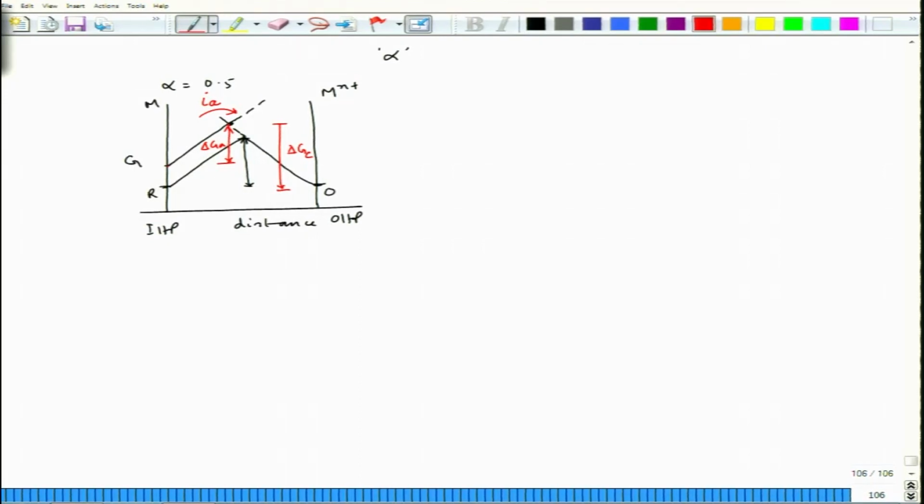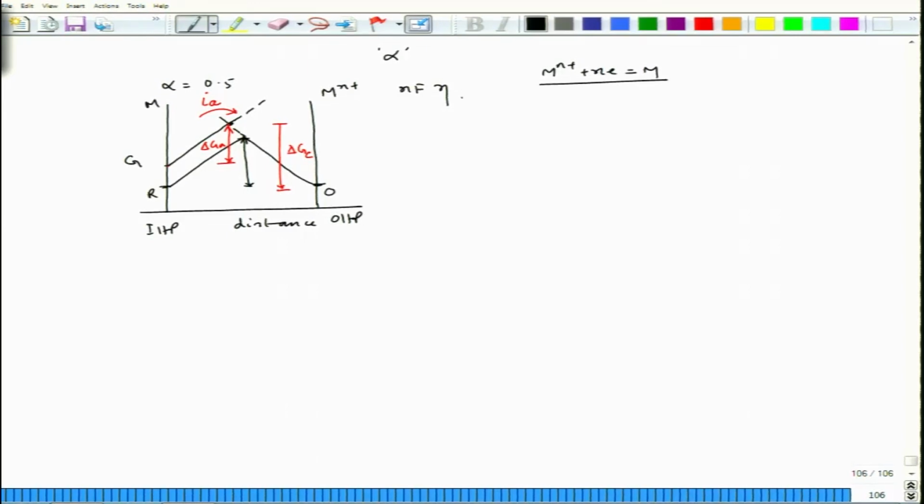And when it happens symmetrically, that means maintaining that equal distribution of the total polarization or overvoltage. If this is my overvoltage value eta, then in this case M^n+ + ne = M for this particular half cell reaction, the free energy change would be nFη.